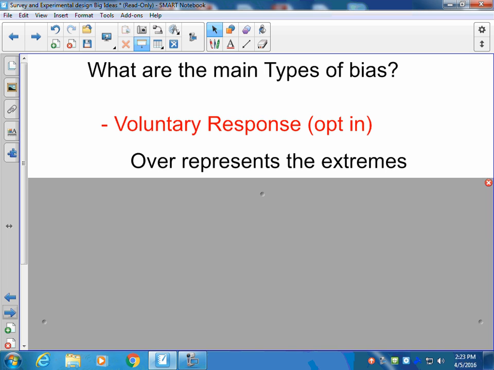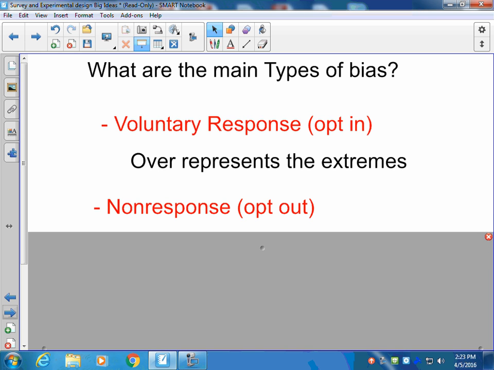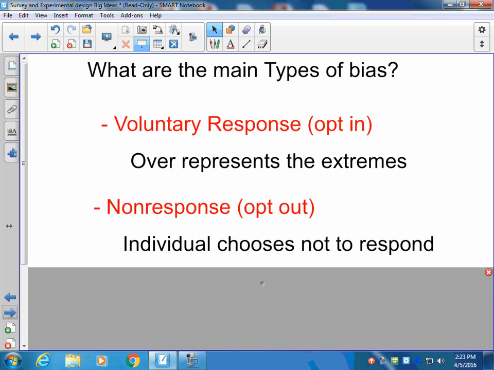Okay, notice that that's the opt-in versus non-response, which is an opt-out. These people have been selected for the survey or chosen for the experiment, but they're choosing not to respond or not to participate. Okay, so that's really important, the fact that it is an opt-out.